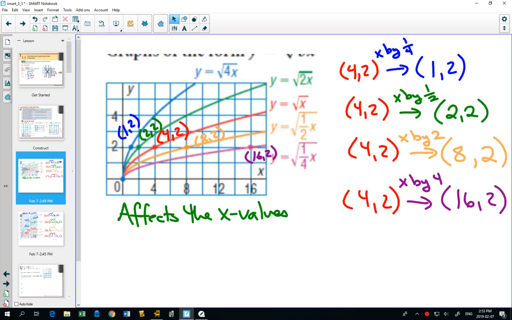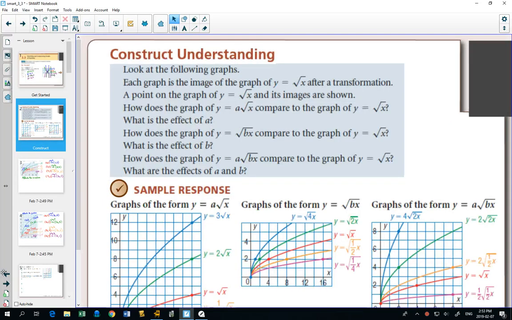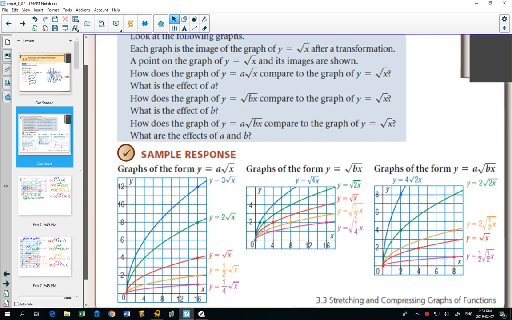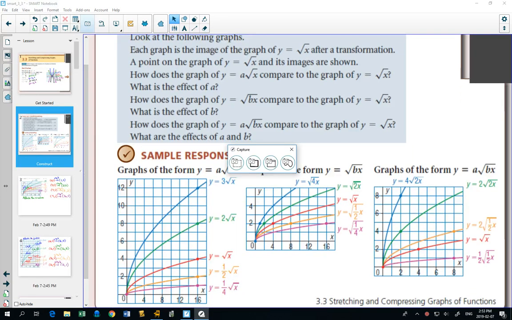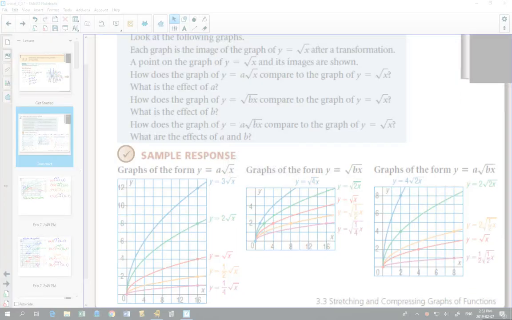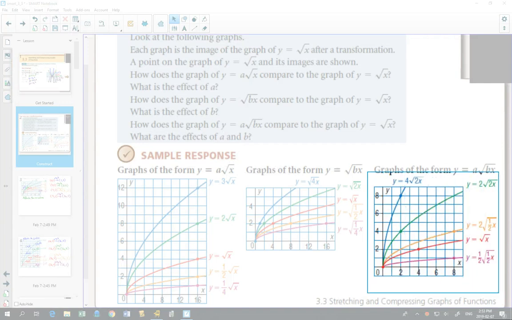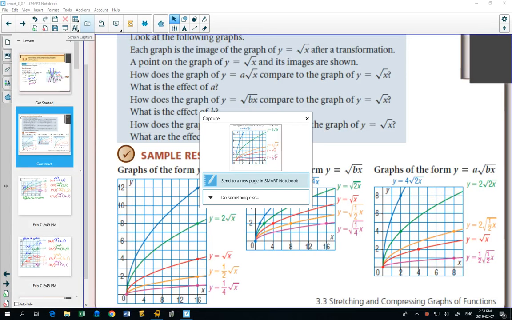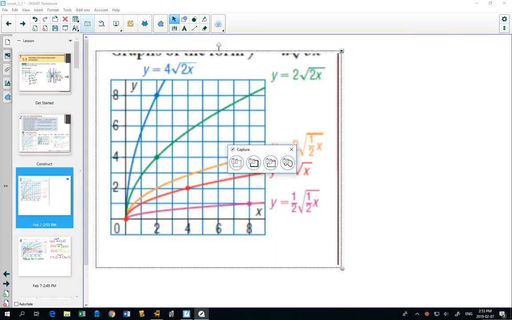And finally, if we were to combine them all, we look at the points that we have, and this time they're starting again with 4, 2.